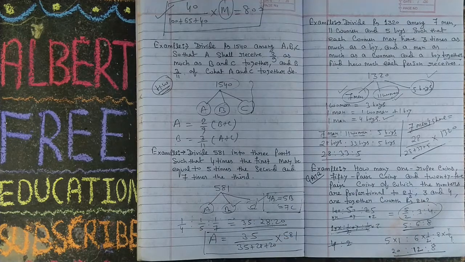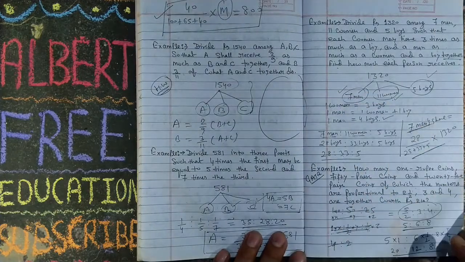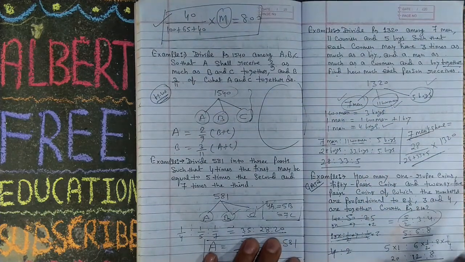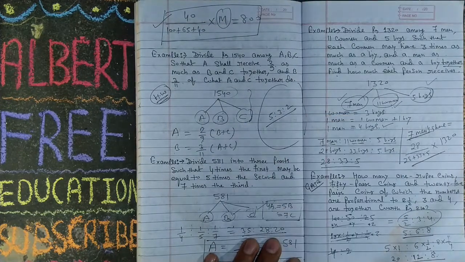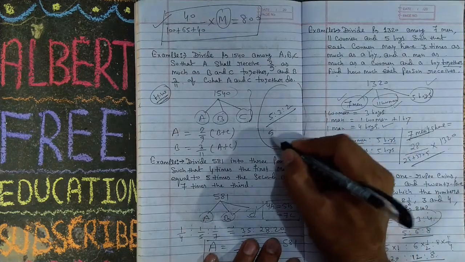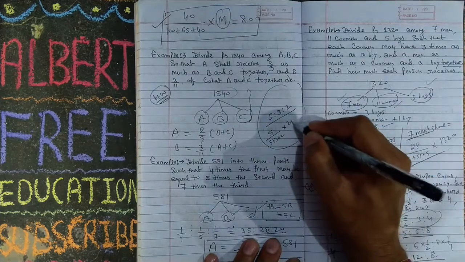Now you have to find the value for A, B and C. So again you have to use the same method. I am solving here because I do not have space. Your ratio, divided by 4, is 5, 3, 2. So the value for money is 5 upon 5 plus 3 plus 2 into your money 210.